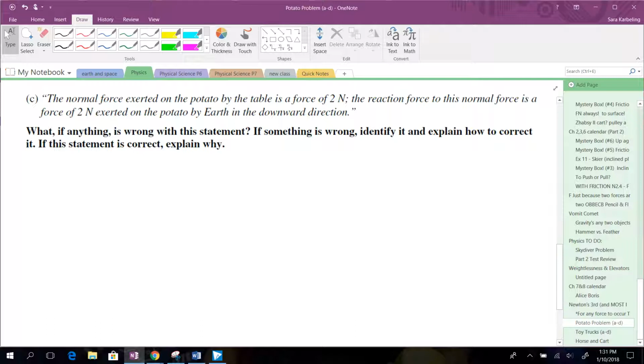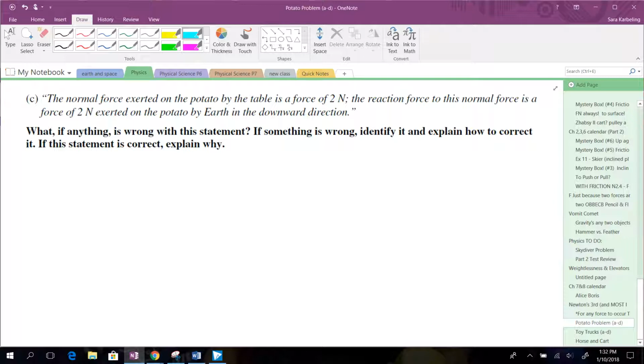I actually said true, but they kind of explained it to me. They're going in opposite directions, so one's going up and one's going down, but the table is the other factor that is put in there.